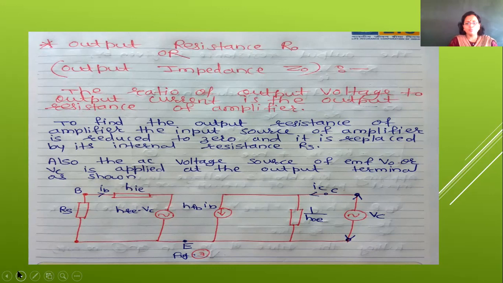To find the output resistance of the amplifier, the input source of the amplifier is reduced to 0 and it is replaced by the internal resistance RS. Also the AC voltage source of EMF VC is applied at the output terminal as shown in the figure.